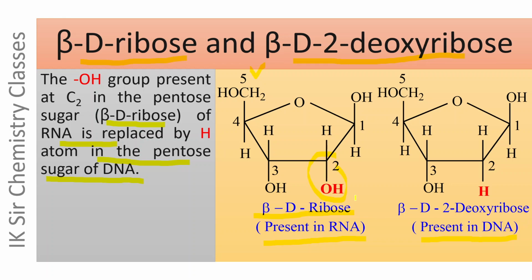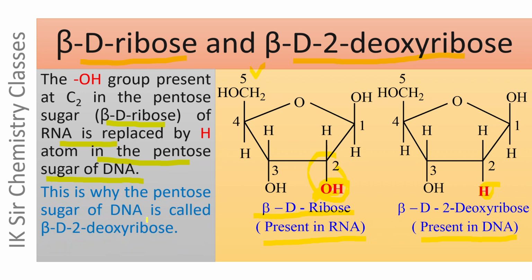In DNA, the OH group present at carbon number 2 is replaced by a hydrogen atom. That is, this oxygen atom has been removed. This is why the pentose sugar of DNA is called beta D-2-deoxyribose. It means the oxygen atom present at carbon number 2 has been removed.